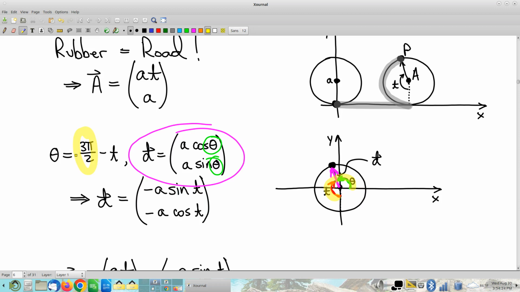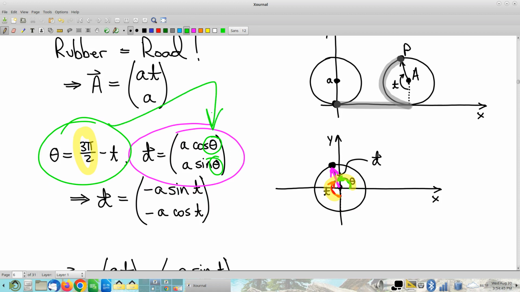And so the sum is always 3 pi over 2. Everybody happy? Okay. Well, if the sum is 3 pi over 2, then there's our formula for theta. Theta is 3 pi over 2 minus T. And you can take that formula for theta and plug it into right there.